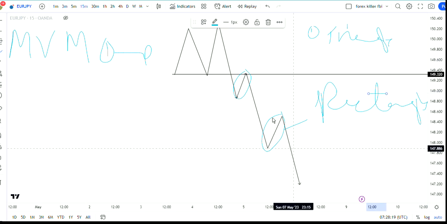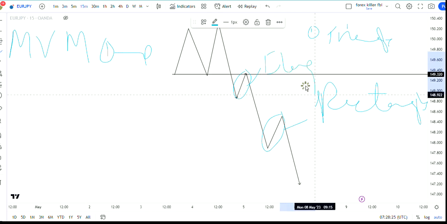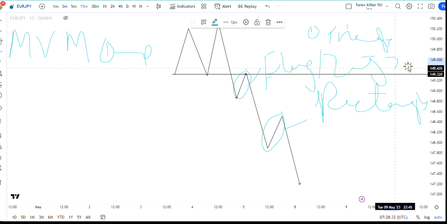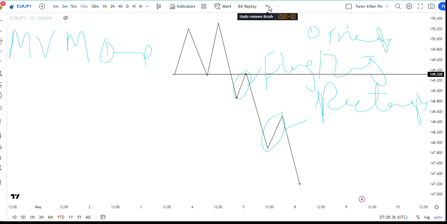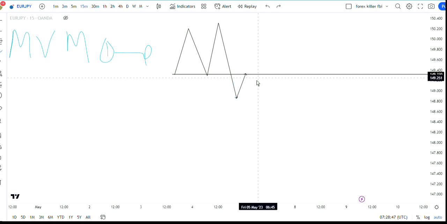And any other form of correction. Sometimes you have a flag, or a zigzag. And let us see how triangles look.